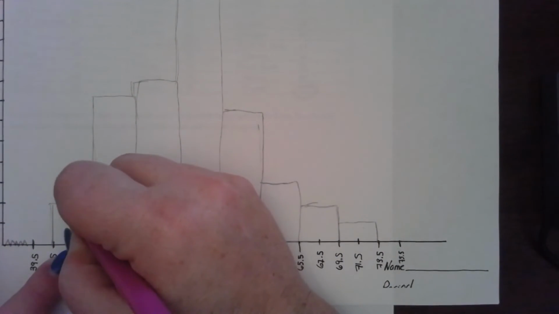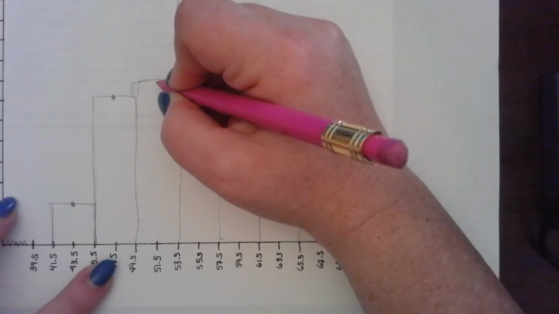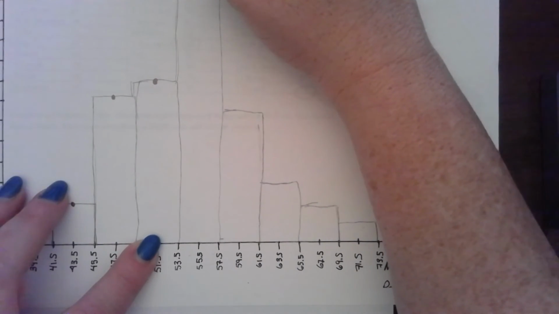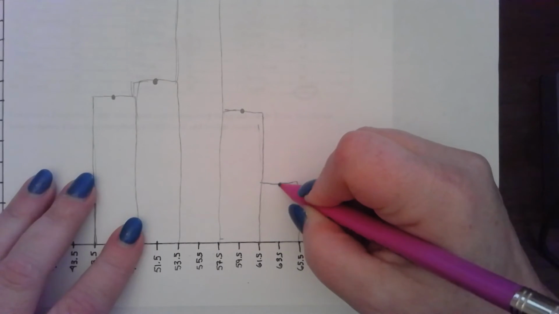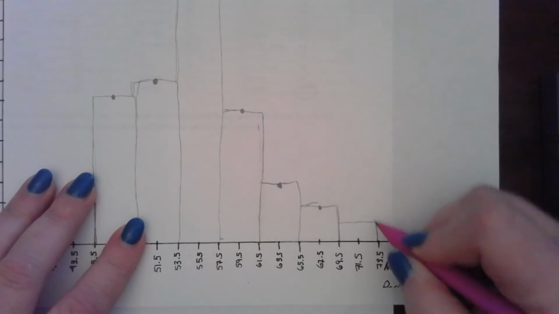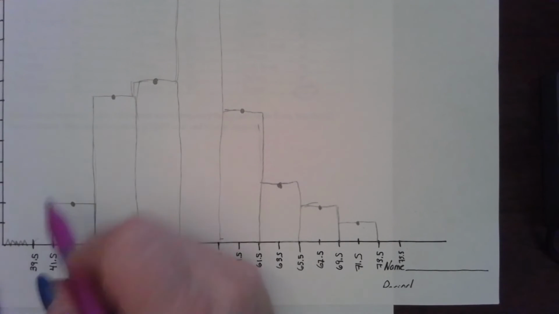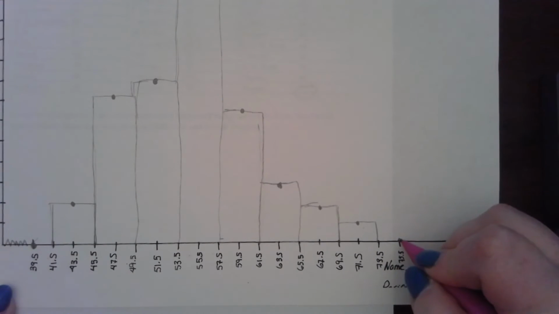So they are the midpoints of these, right? Now, the thing about a frequency polygon, though, is that it has to connect to the x-axis, right? We have straight lines that connect all these guys, right? So I go a class width from here to here and a class width from here to here.